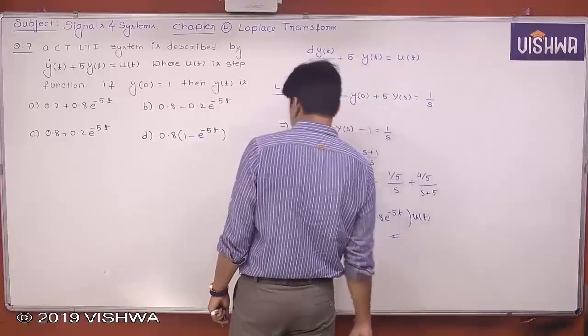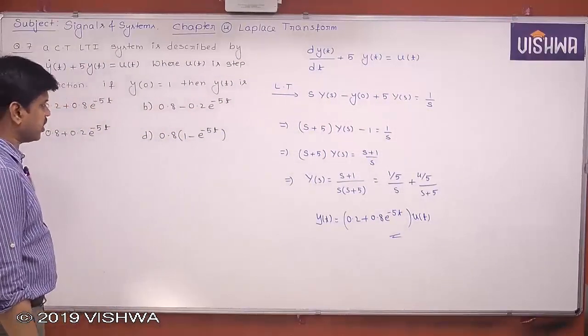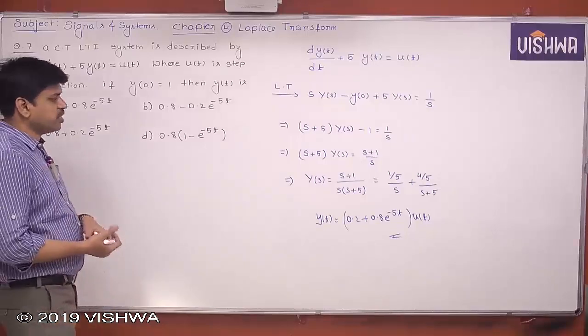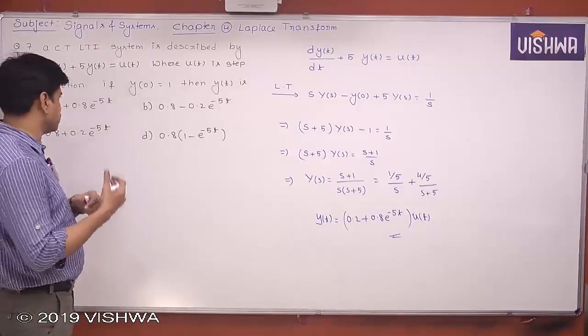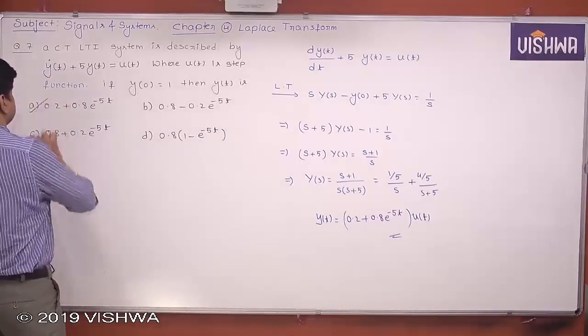That is the answer. Here they haven't given u of t, but still it is a correct answer. Why? Because it is a unilateral Laplace transform. Even if u of t is not given, we can still say it exists only for positive values of time. So which is the correct answer? This.